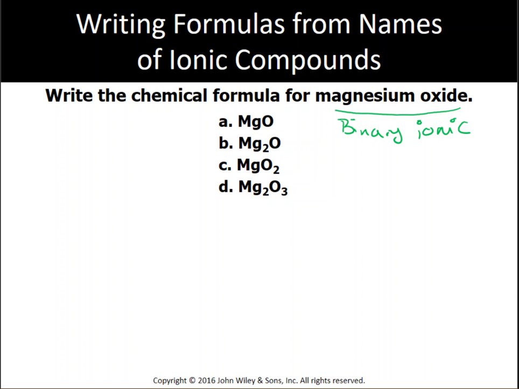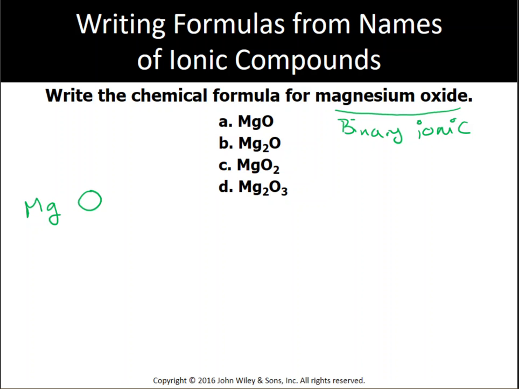Now, magnesium oxide is composed of magnesium, a metal, and oxygen. Since it's an ionic compound, metal and non-metal, we have to find out what the charges on magnesium and oxygen are. Look at the periodic table and find magnesium. Magnesium is in group 2A.